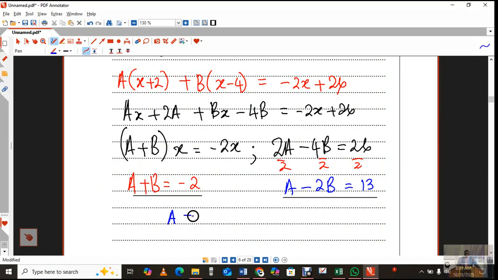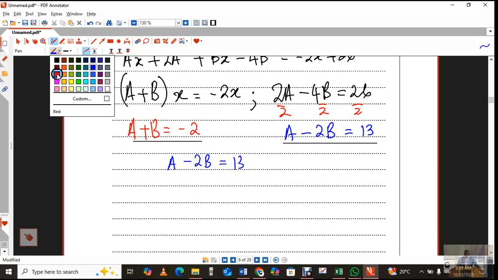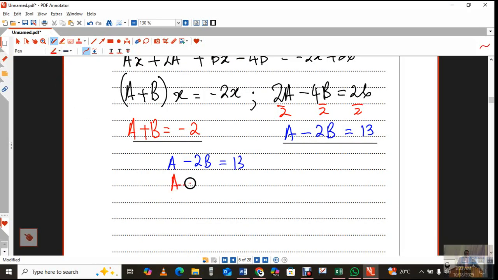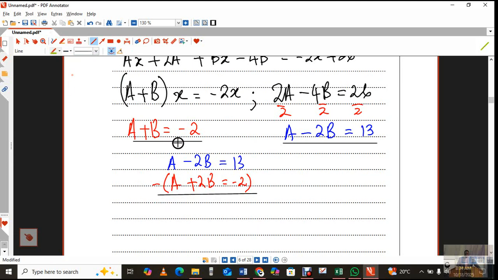So I'm going to have a minus 2b equals 13, and I'm going to have the other equation, which is a plus 2b equals negative 2. And we're going to solve them simultaneously by subtracting, because the coefficients of a are exactly the same. If you subtract, then the a's cancel eventually. This one and that one cancel.